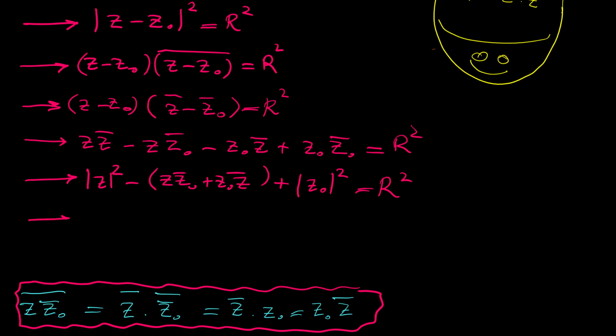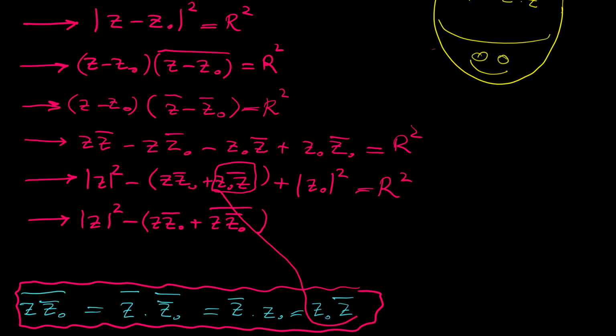So we can write this as modulus of z to the 2 minus z0 conjugate plus z0 conjugate. So I want to replace this term with this because these are equal, so I can do this here. Plus modulus of z0 to the 2 equals r to the 2.